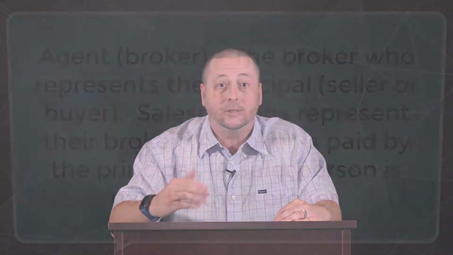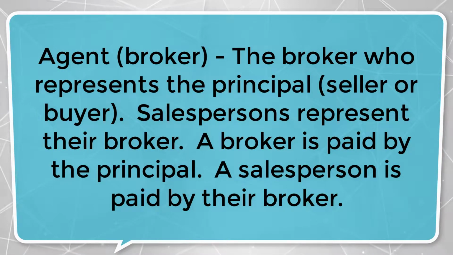The next term related to this, the agent, is the broker who represents the principal, also known as the client, who is the seller or the buyer. Salespersons represent their broker, as I mentioned earlier. A broker is paid by the principal, so when a home sells, the commission is paid to the broker. A salesperson is paid by their broker.